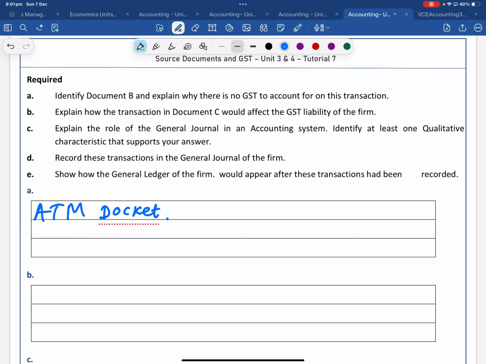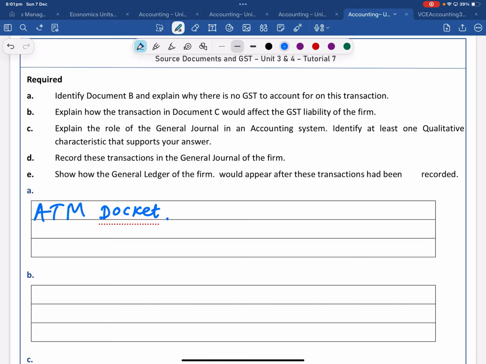Just document. Earlier I used to teach the London syllabus, and I haven't seen something called docket. In Australia everything gets shortened, so document becomes docket. Yeah, ATM docket.